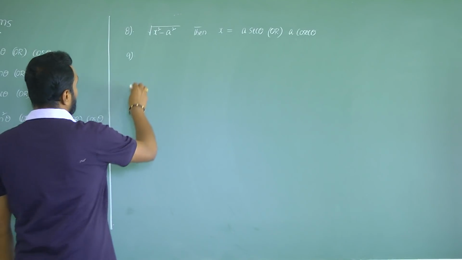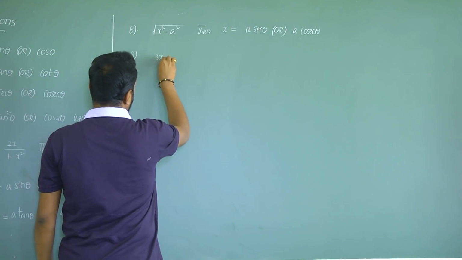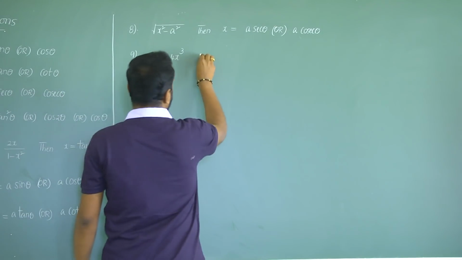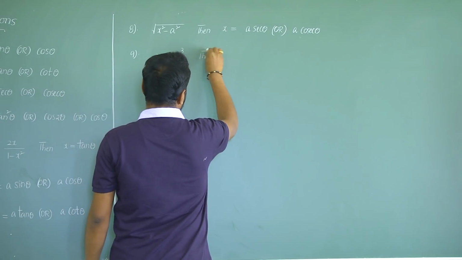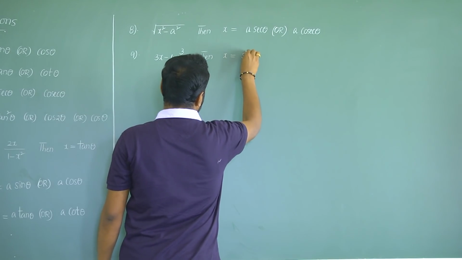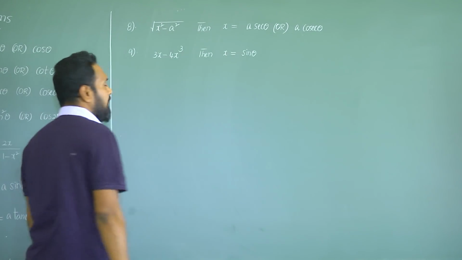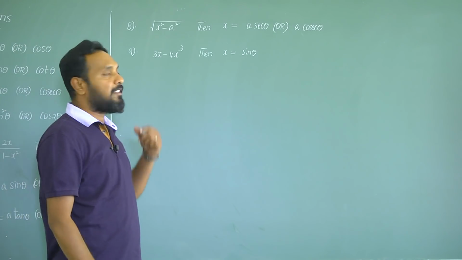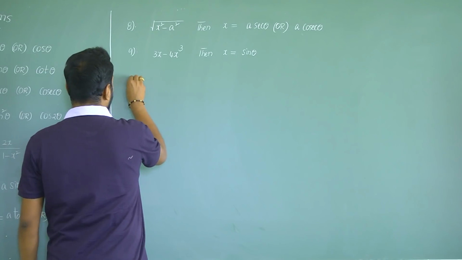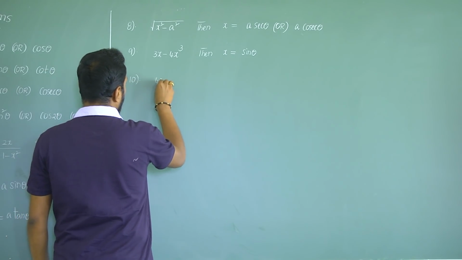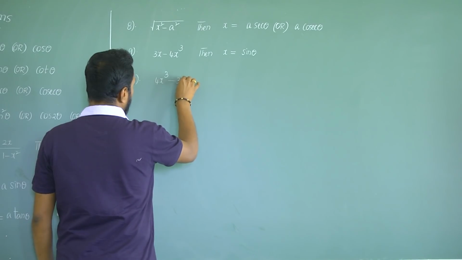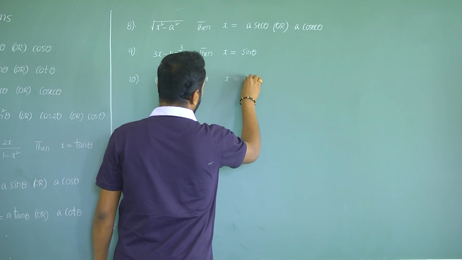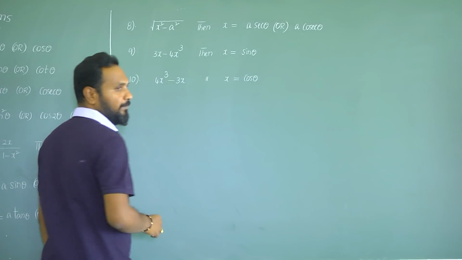If we have the form 3x minus 4x cube, then we have to assume x equals sin theta, because 3 sin theta minus 4 sin cube theta is sin 3 theta. 10th one. 4x cube minus 3x, if we have, then the assumption is x equals cos theta.